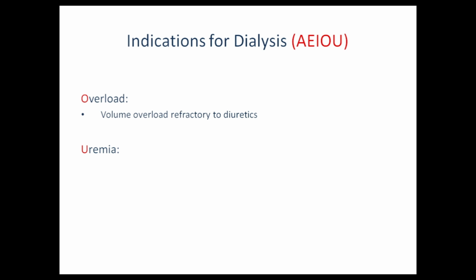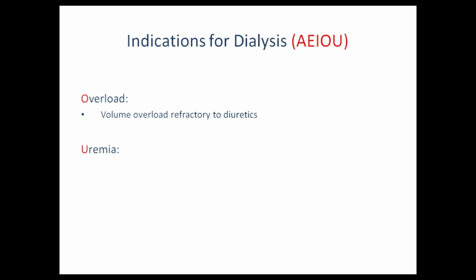So for example, if a patient has chronic kidney disease or any other disease, and the patient has symptoms of fluid overload, for example raised JVP, or pulmonary edema, and the patient is given diuretics and still is not responding, then he or she should go for urgent dialysis so that the volume overload is decreased.